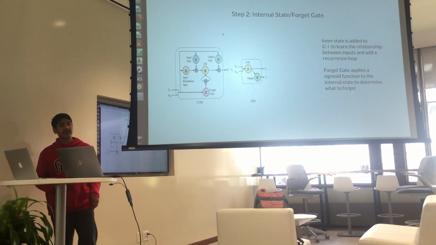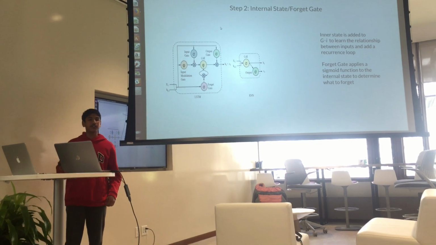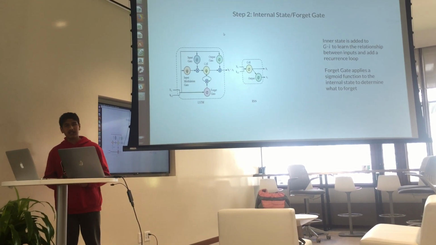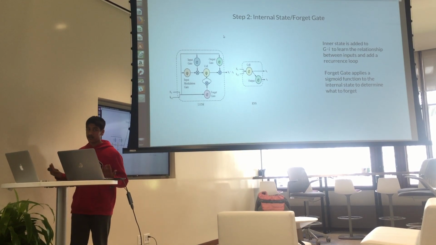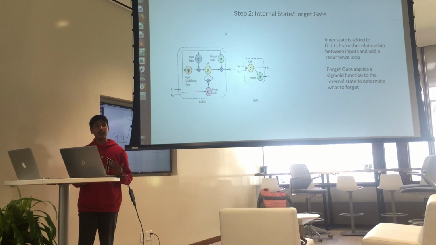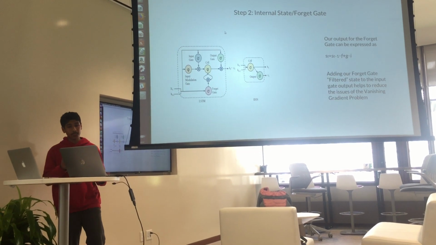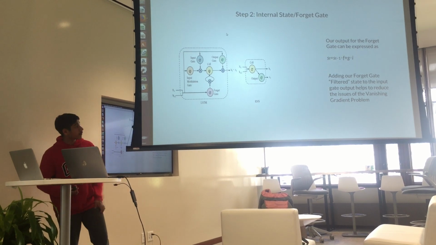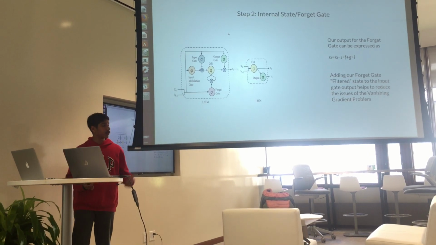And then what the forget gate does is that it applies another sigmoid activation function, because essentially we want to get rid of unnecessary data. So then again, if they're closer to 0, they're forgotten, and if they're closer to 1, they're remembered. And our output for the forget gate can be expressed as the one on the right.